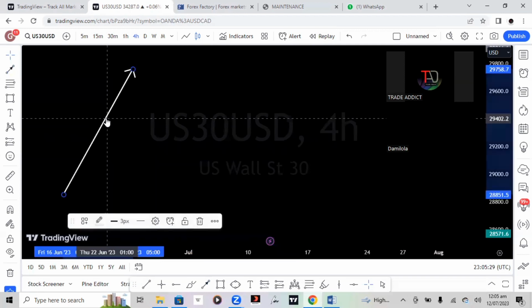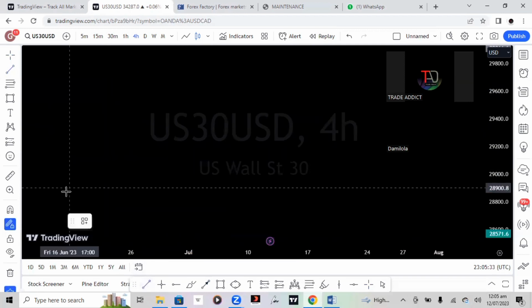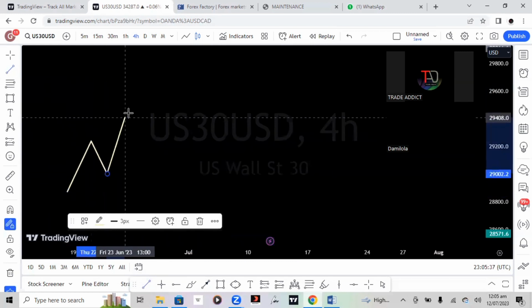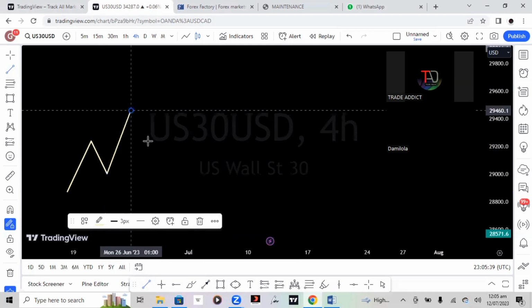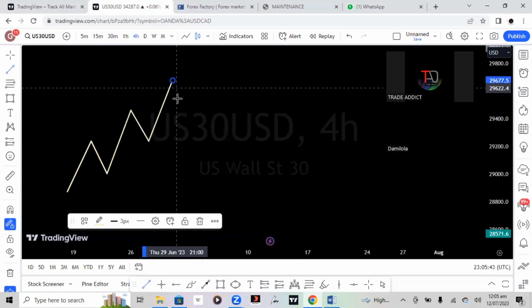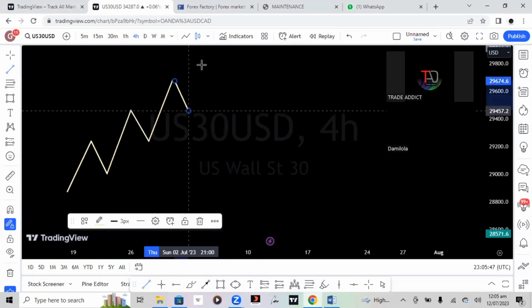When we say uptrend, it simply means price creating a series of higher highs and higher lows.